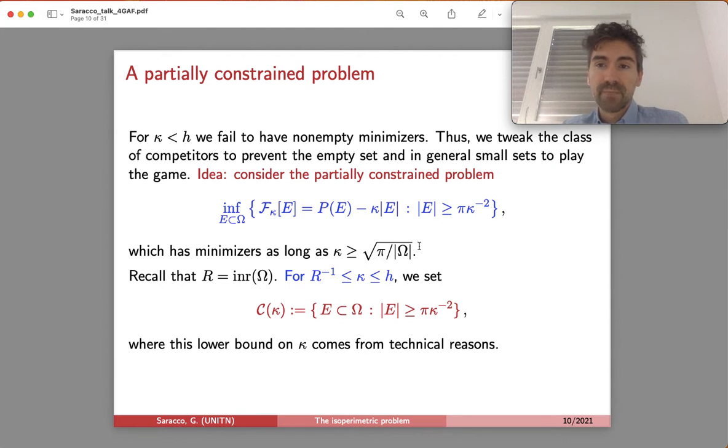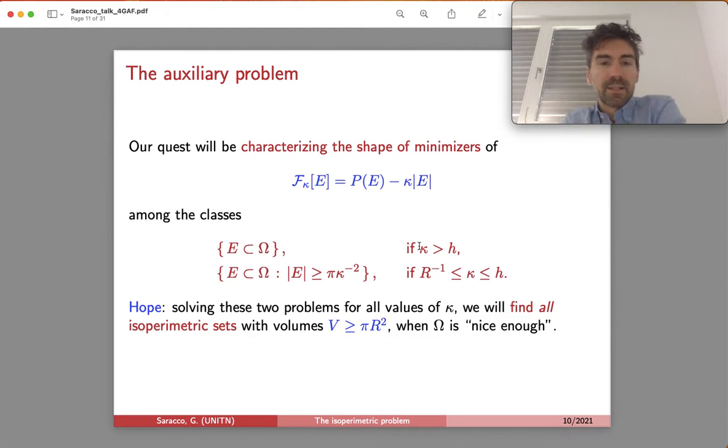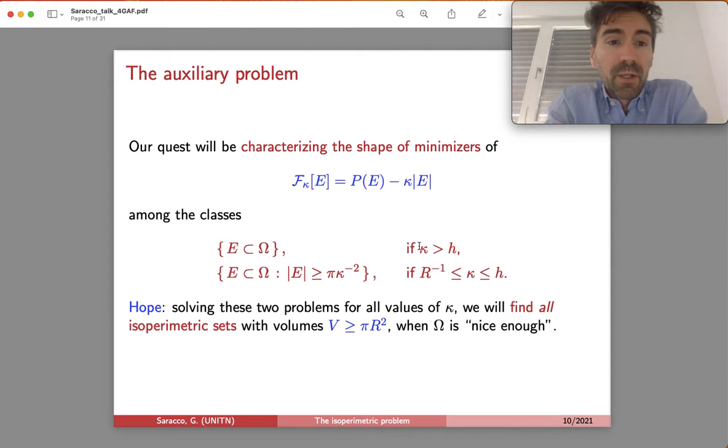And in this case, for these values of kappa, our class of competitors is going to be subsets of omega whose volume is bounded from below by the volume of a ball of curvature kappa, okay? And say this lower bound on kappa, depending on the radius of the greatest ball contained inside omega, comes from technical reasons that are more or less the same reasons why we restrict ourselves to dimension 2.